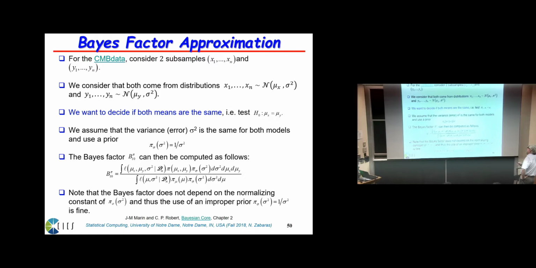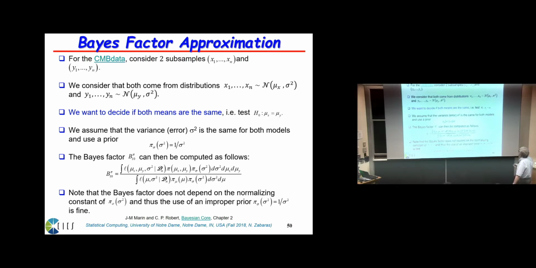Okay, and basically what we want to test is the hypothesis that the means implied by both samples are the same. So the null hypothesis is that the means mu x and mu y are the same. Okay?